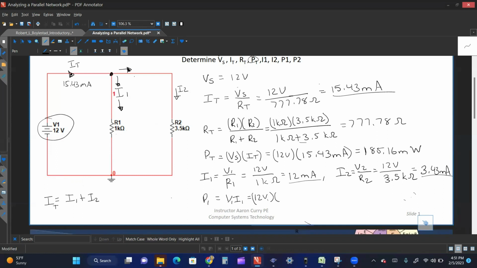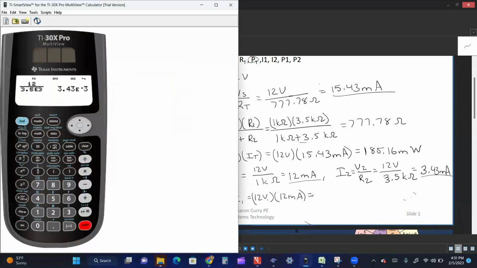Do we have I1? We do. We just calculated 12 milliamps. And so we plug that in. 12 times 12e-3 equals 144 milliwatts.